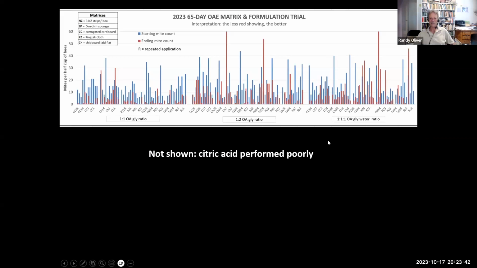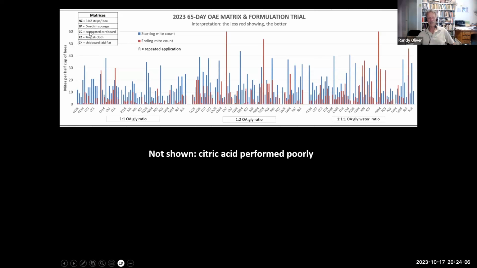I just made this graph up today. This is 65 days. Starting counts are blue, ending counts are red. We tried New Zealand strips, Swedish sponges, and double corrugated cardboard. So not single layer corrugated cardboard, but 2 layers of corrugation, which are for heavier packing boxes.